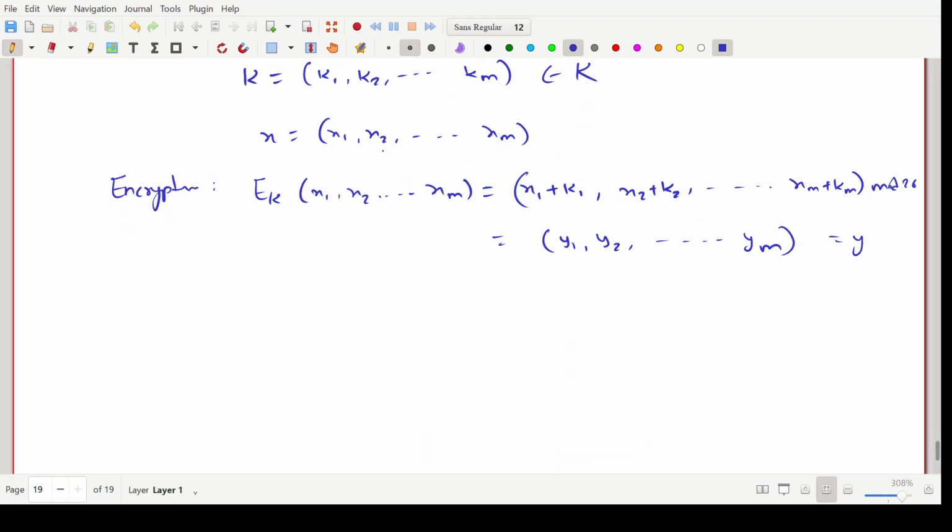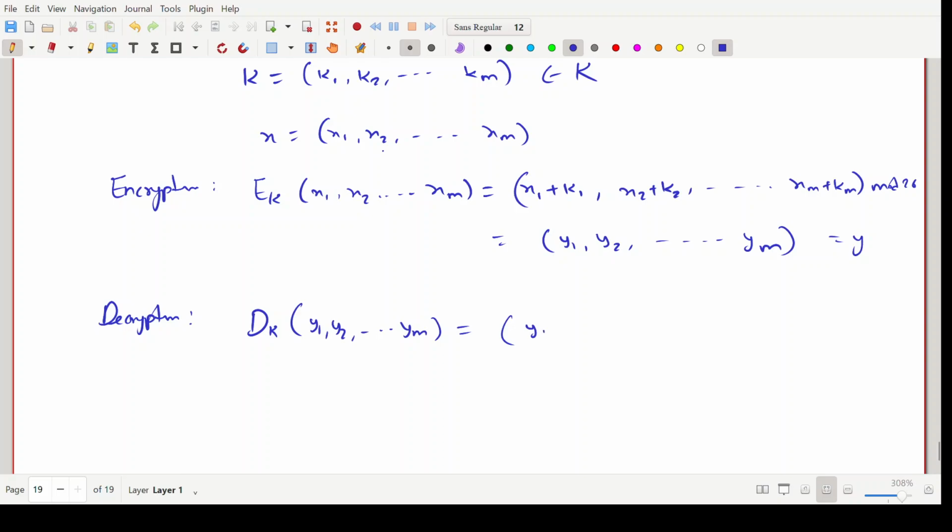How does the decryption happen? Decryption is easy. You just have to take the decryption of your ciphertext Y1, Y2, Ym. You have to subtract. It is actually similar to your shift cipher, but here we are taking M-tuples together because my key space is again M-tuples.